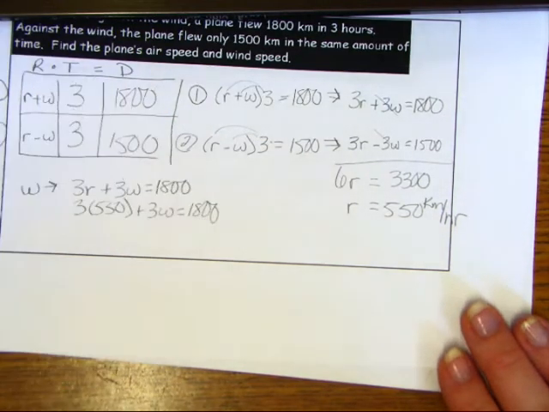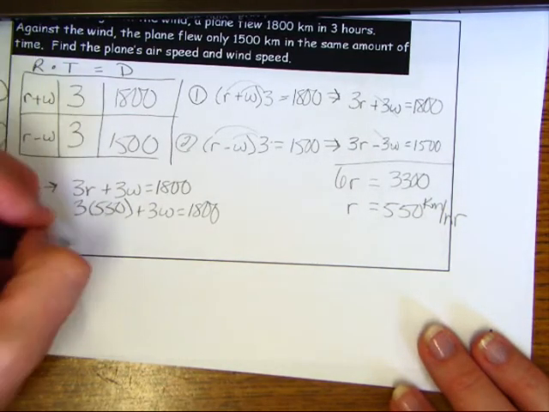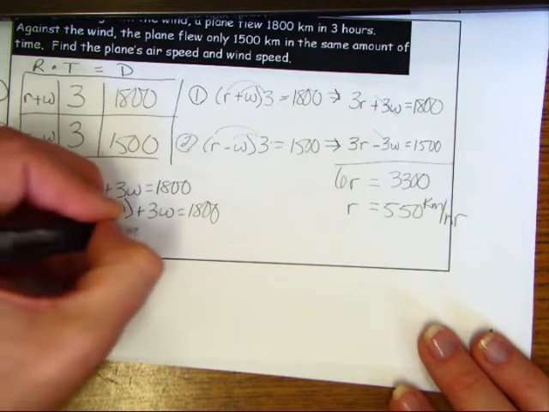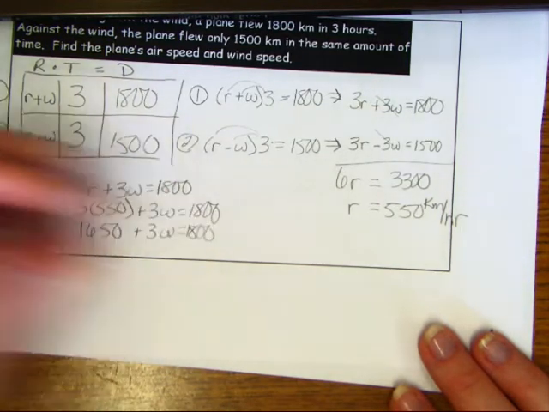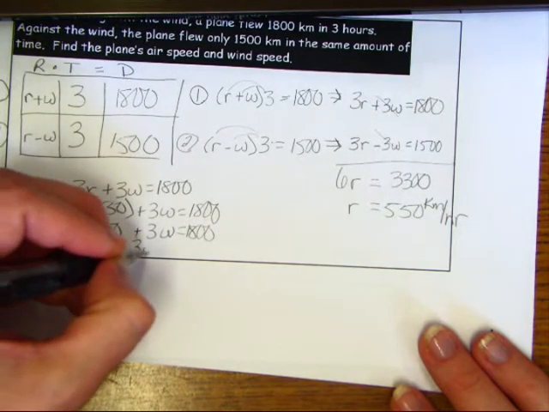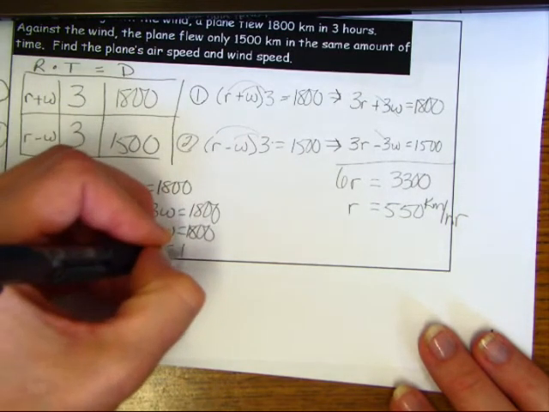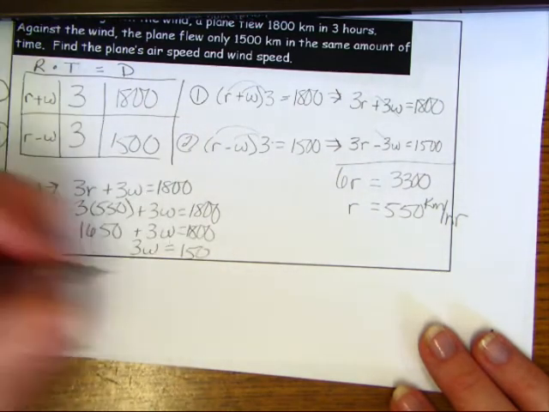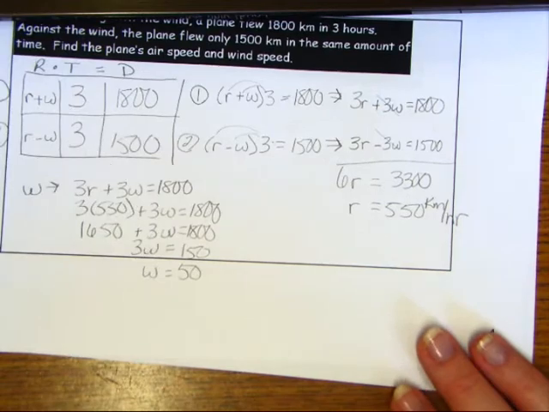We're just plugging in our answer. Well, 3 times 550 makes 1650 plus 3w equals 1800. And that would be 3w equals, when you take 1650 from both sides, 3w is 150. Divide by 3, and w is 50 total.